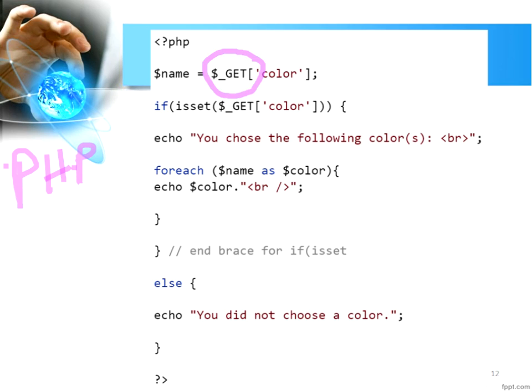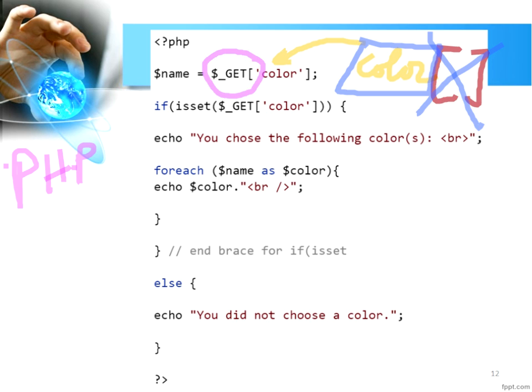In the PHP code, I will write $name = $_GET, but here I write color without the array symbol, only color.